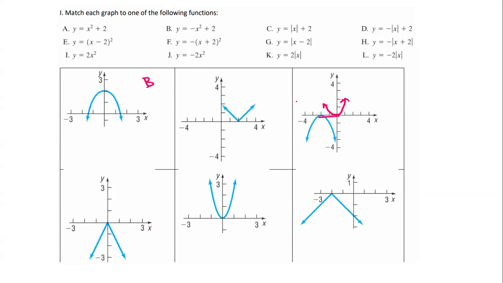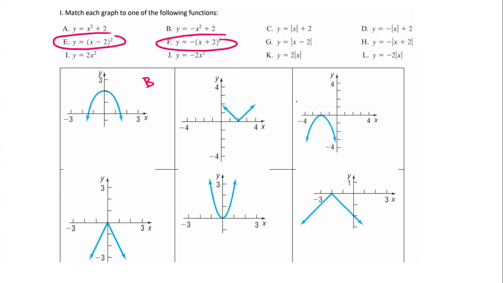Now it moved to the left. Okay, so in this case, then it has to be E or F, right? Because if the number's inside the parentheses, that means that's dealing with shifting left and right. And it didn't go up or down, so that means it can't be A or B. All right, and of course it's not I or J.